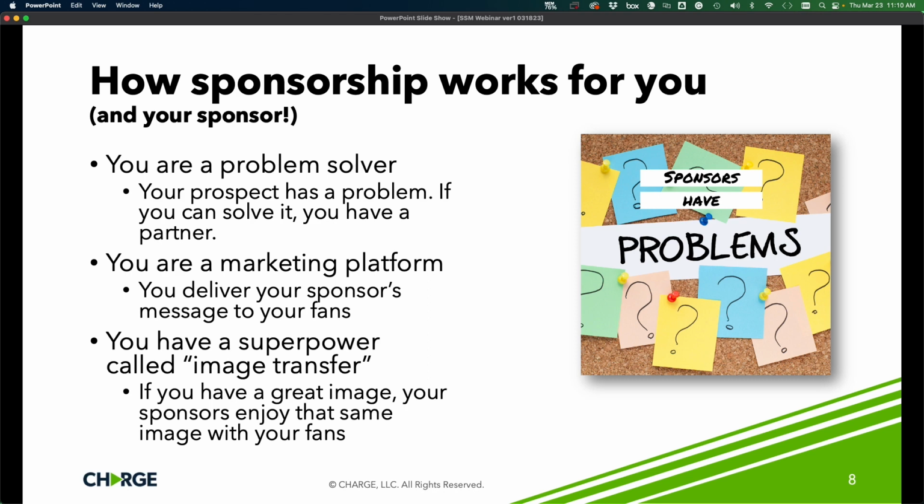Now, this has great practical application when you're having a conversation with a prospective sponsor, because one of the benefits they might overlook is that merely by being in a sponsorship relationship with you, they will improve their image among your audience, something that no other form of marketing can do.